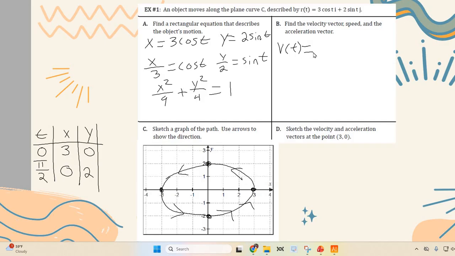Derivative of 3 cosine of t is -3 sine t. And that is still our x component, so it still gets the i. 2 cosine is still our y component, so it still gets the j.